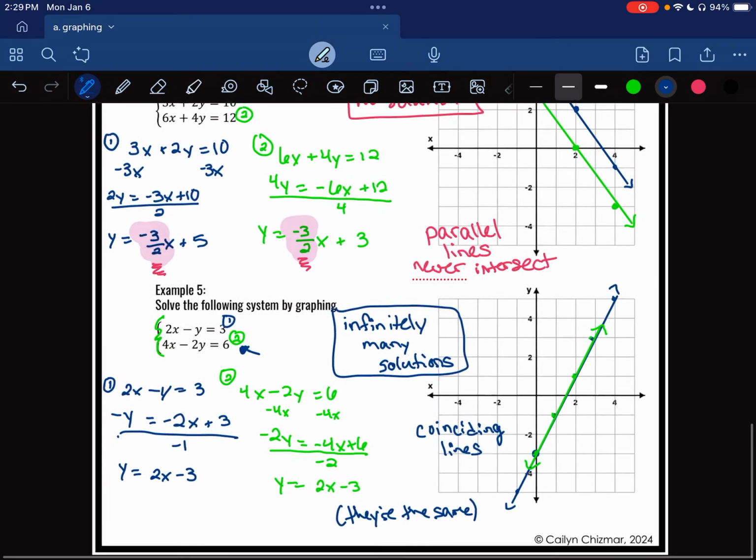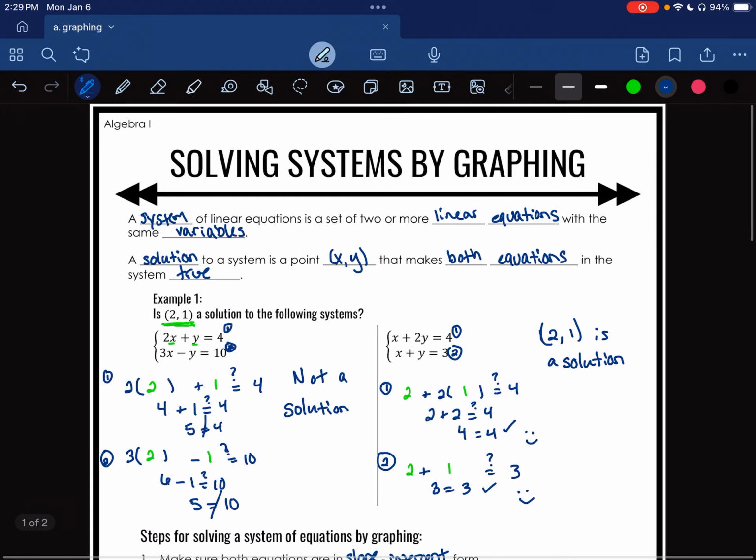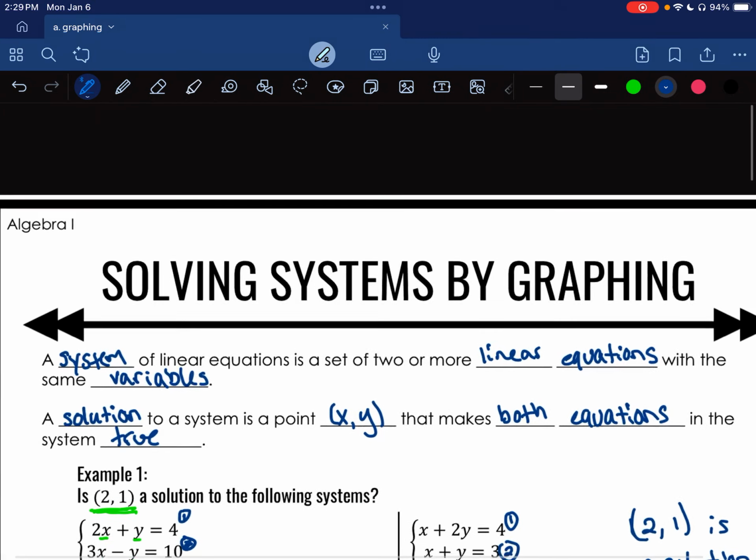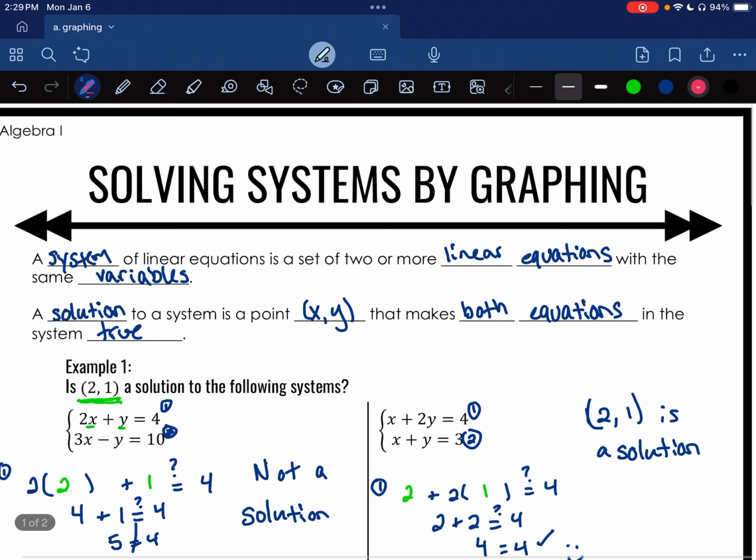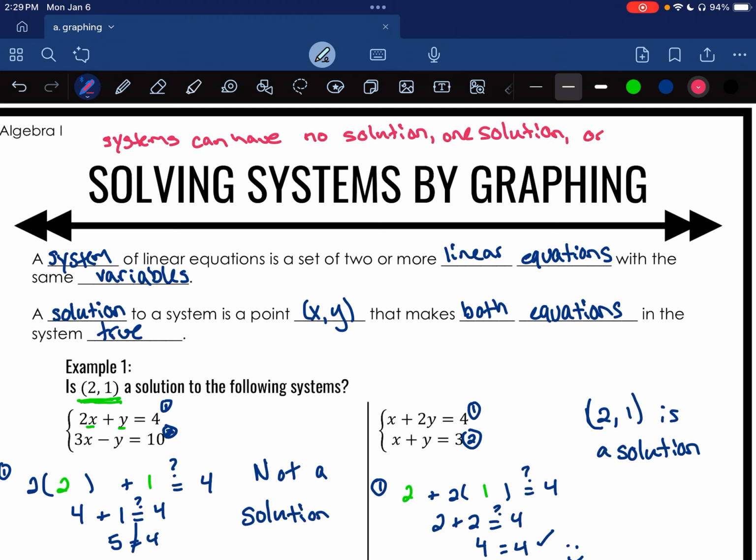If you like to write little summaries to yourself, here at the tippy top: when graphing, one thing we learned today is that systems can have no solution, systems can have one solution, or infinitely many solutions.